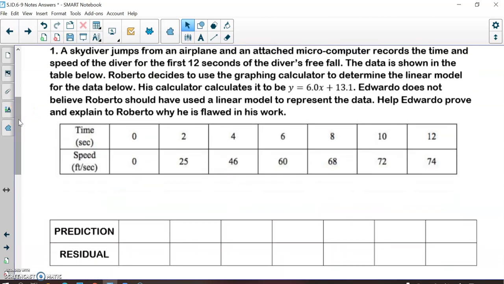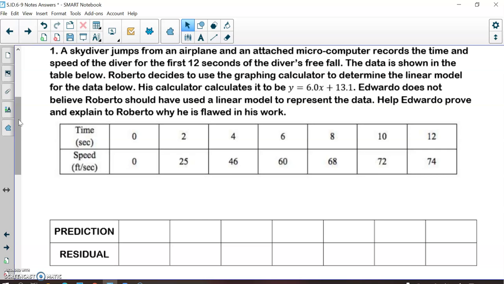We have a skydiver jumping from an airplane, with an attached microcomputer that records the time and the speed of the diver for the first 12 seconds of the diver's freefall. The data is shown below. Roberto sees this data and decides to use a graphing calculator to determine the linear model.